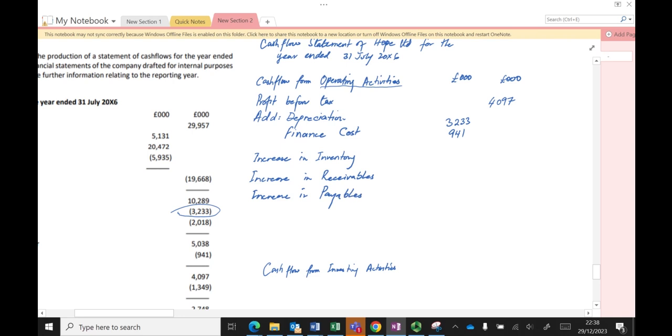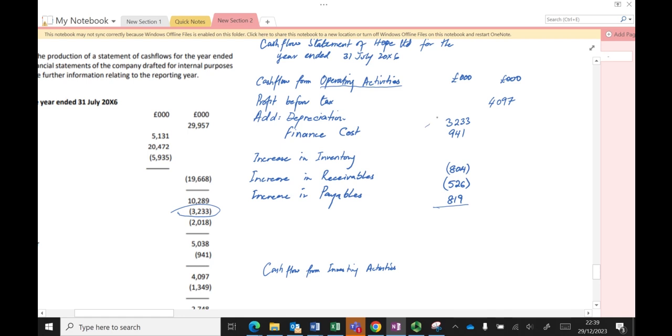I've just shown you the figures in the statement of financial position, so I'm going to write the figures over here: 804, 526 and 819.